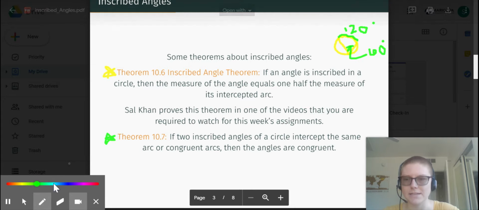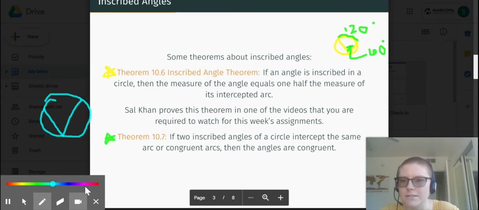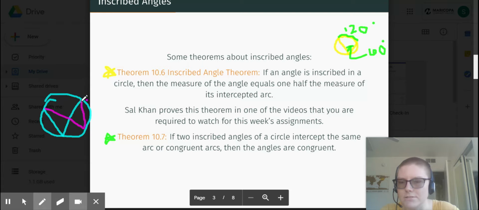So if I've got this inscribed angle intercepting this arc, and then I have this one intercepting the same arc, they're both covering this arc. That means that this angle and this angle are congruent.